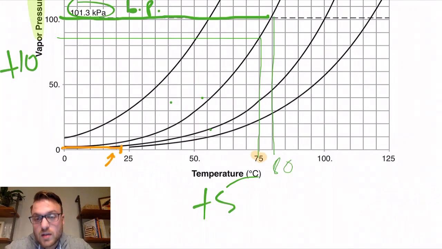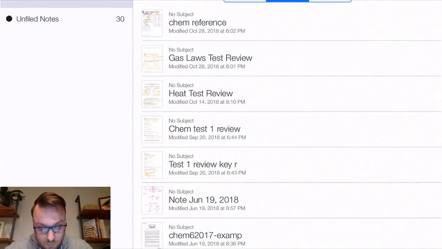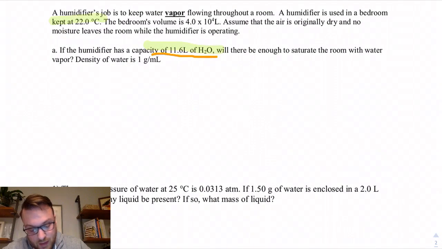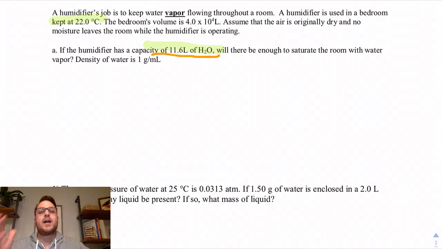So let's go back to the problem. We're not really at this part of the problem yet. We're not concerned with the 11.6 liters. We're just trying to figure out how much water vapor exists in this bedroom at 22 degrees Celsius. And to figure that out is a good old PV = nRT equation again. So we said that at that temperature, you're at a pressure of 2.